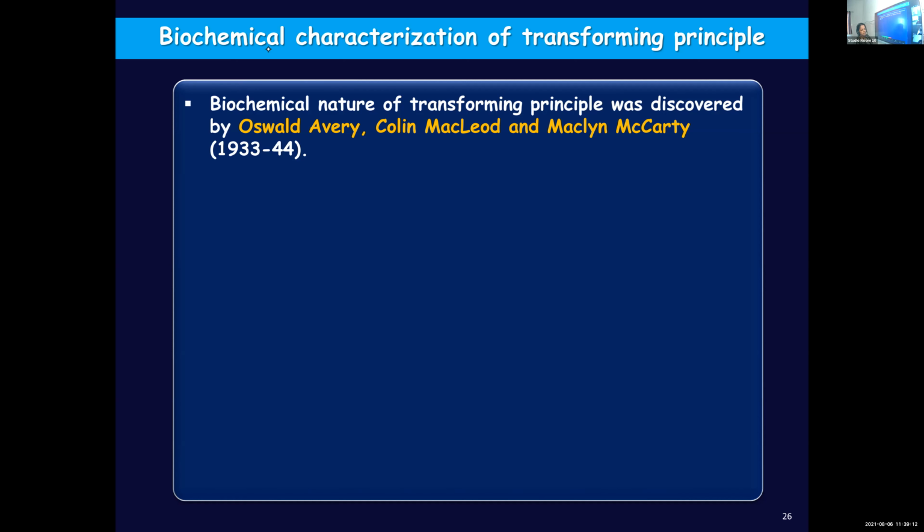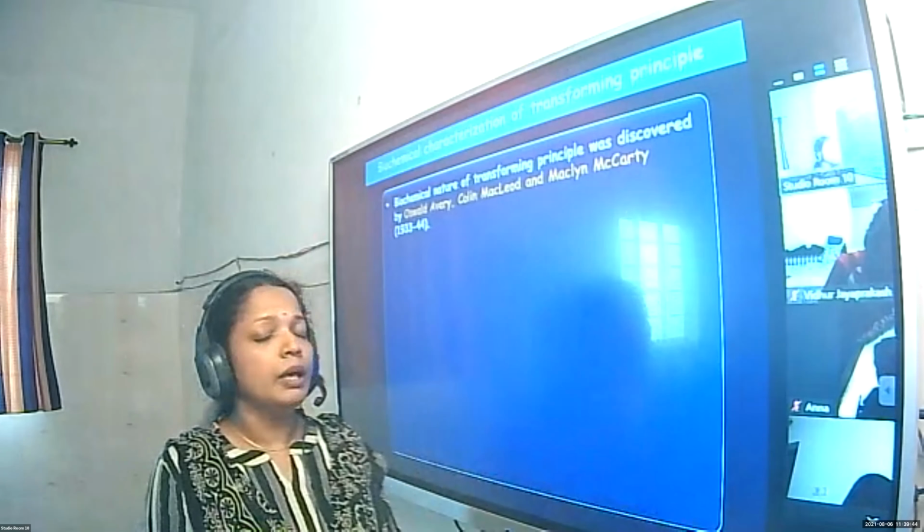These three scientists carried out experiments for almost 10 years, from 1933 to 1944, and they could find out the biochemical nature of this genetic material or transforming principle.